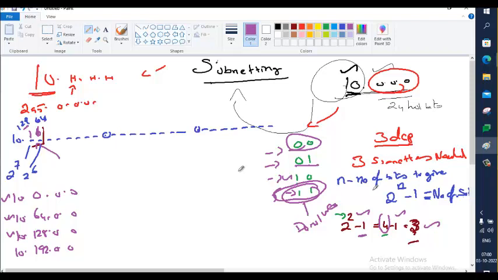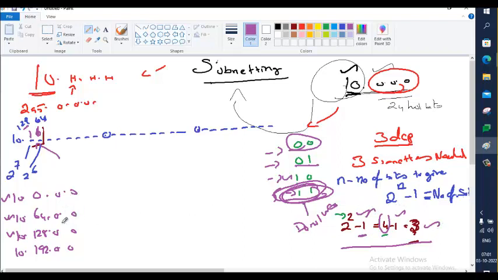It is not really a formula, just to easily calculate the number of bits. But basically, this is the story. You take the bits that you want to give and put it as a power of 2 because it's binary. And because we don't use all ones, we subtract 1. That is how they got this formula.